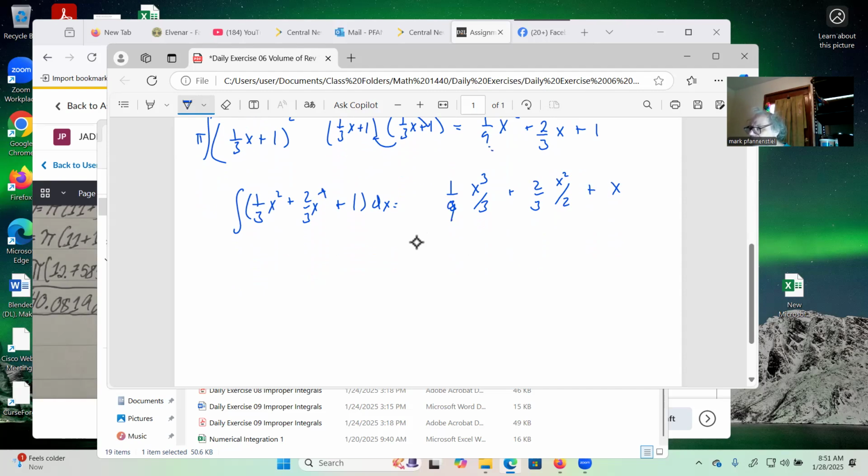I wrote it right here and I didn't carry it down for myself. Ninth, 3 times 3. So we can simplify a little bit. This is going to be 1/27 x cubed, plus this 2 and the 2's cancel, so we have 1/3 x squared plus x, and we're running this from 1 to 12.